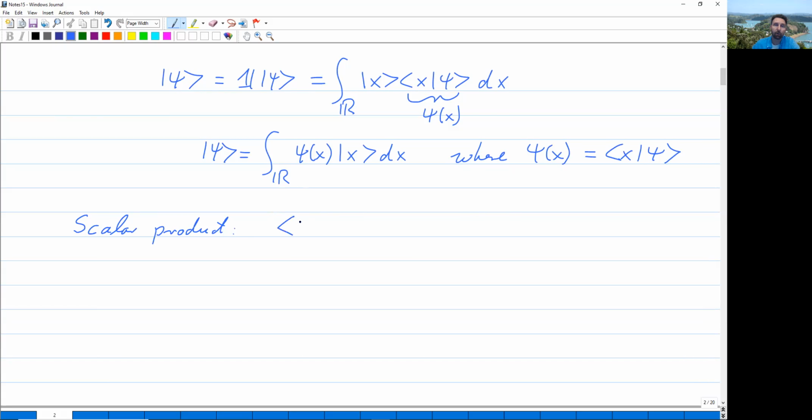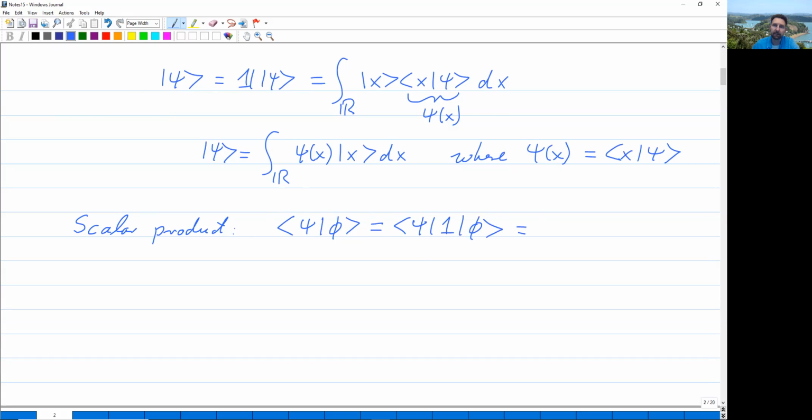All right, so we take, let's say, the inner product between two Hilbert space vectors, psi and phi. Then how do we write that in the position representation? Well, insert a resolution of the identity in terms of the position eigenbasis. So it's <psi|, and then you put the identity here, and then |phi>.